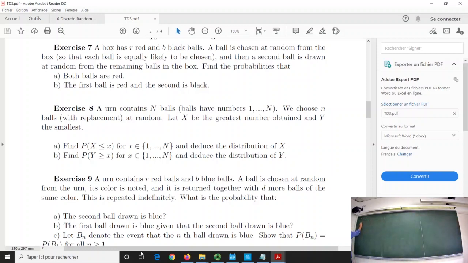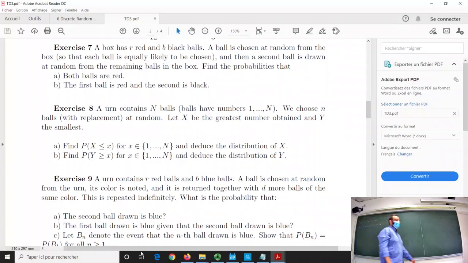For i between 1 and small n, we define capital Xi, the number you obtain at stage small i.